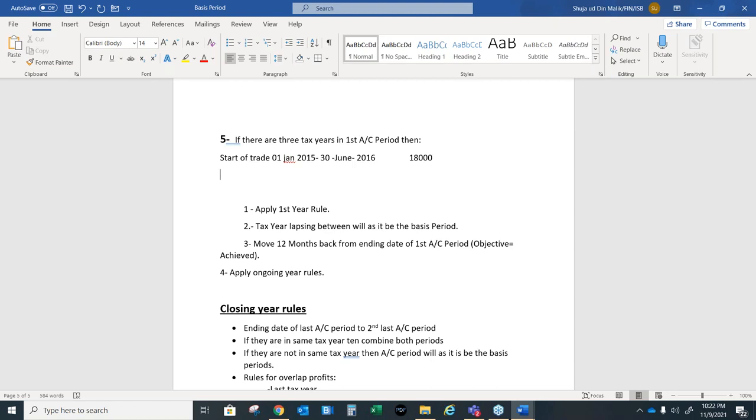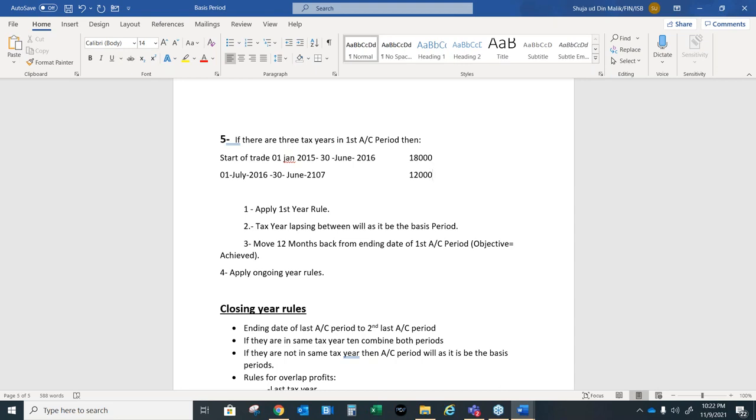The next period is 1st July 2016 till 30th June 2017, yielding a profit of 12,000.